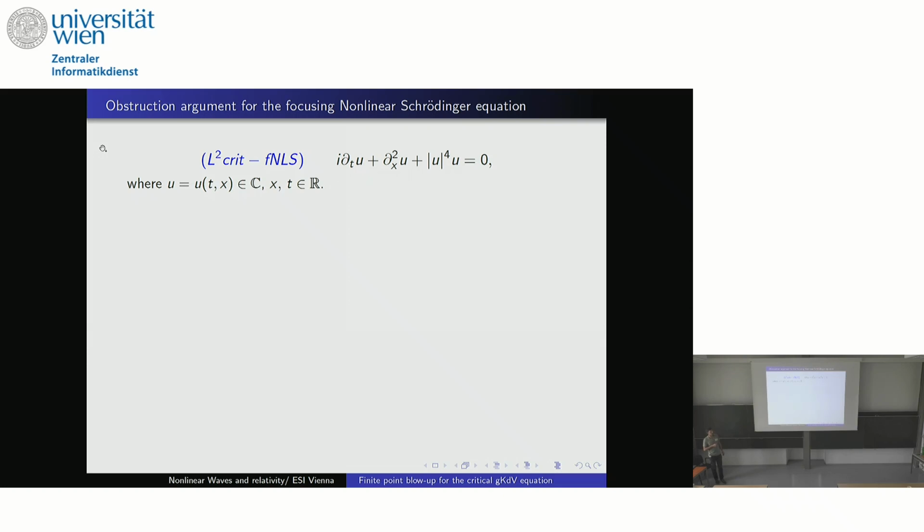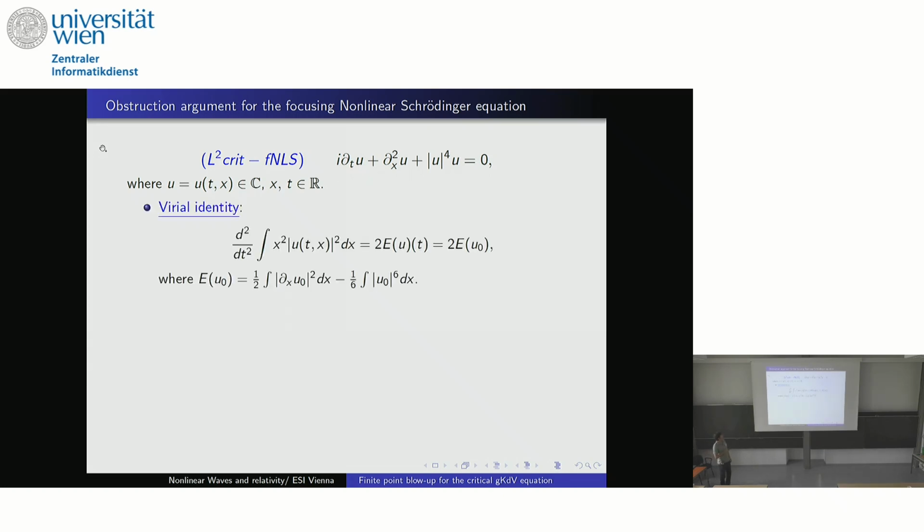But somehow it has the same features as the L2 critical gKdV. So you also have standing waves. You have the same energies. The L2 norm is also conserved, so you can do more or less the same analysis. But in this case, you have one more ingredient, which is a virial identity: the second order derivative of the momentum is equal to twice the energy. So the energy is the same here. And so this is also conserved along the flow.